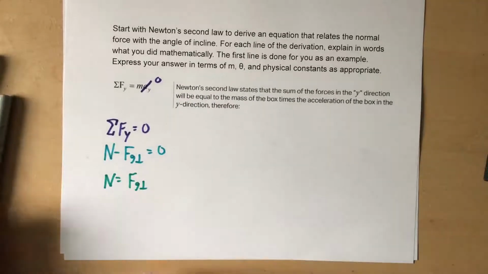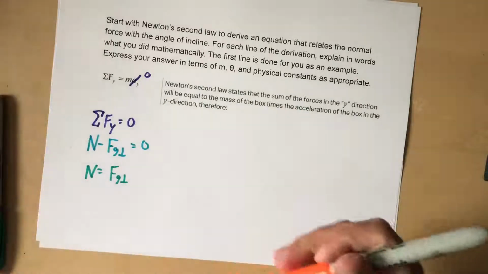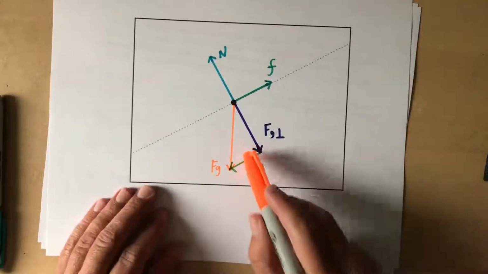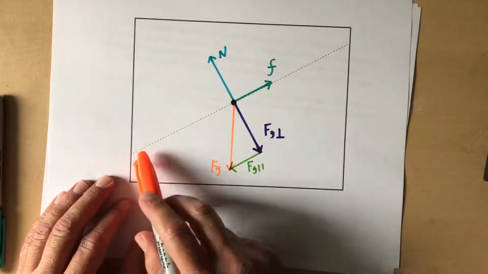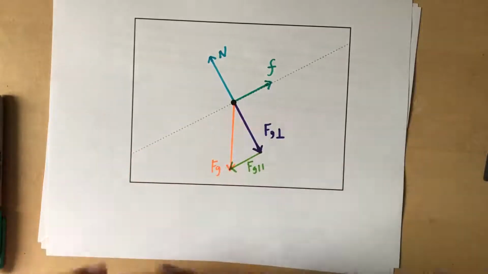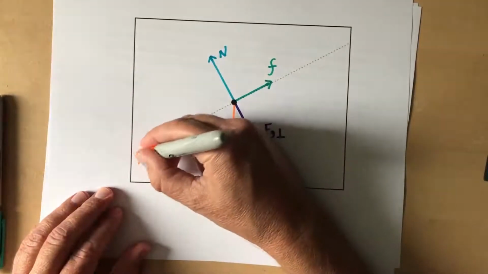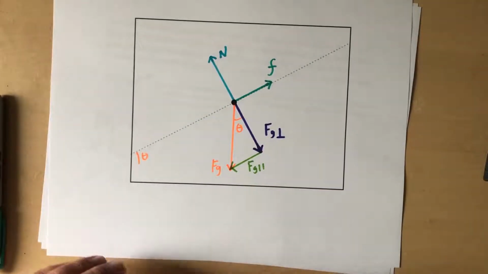So let's substitute in for what the force of gravity perpendicular is. Whenever you have an angle like this, the angle down here, which they're calling theta, is always the same as this angle right here, which is theta.